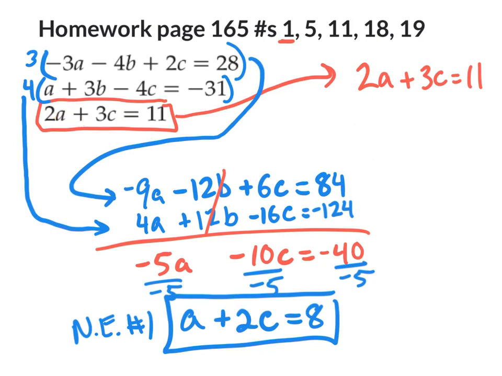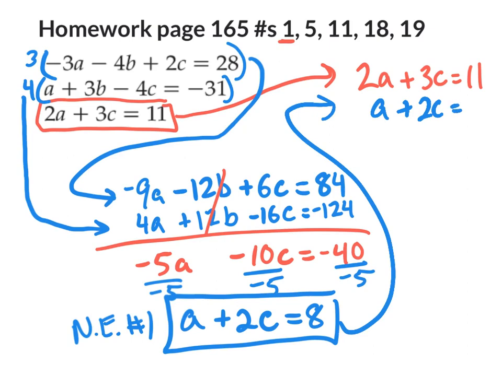So right here at this point where it's like, use the equation you haven't used, that's this one, and get the same variable to eliminate. Well, I purposely eliminated the B's because this one doesn't have a B. And your goal is to create a new 2x2 system. So just rewrite it here and take this one and put it right below. And we have A plus 2C equals 8.